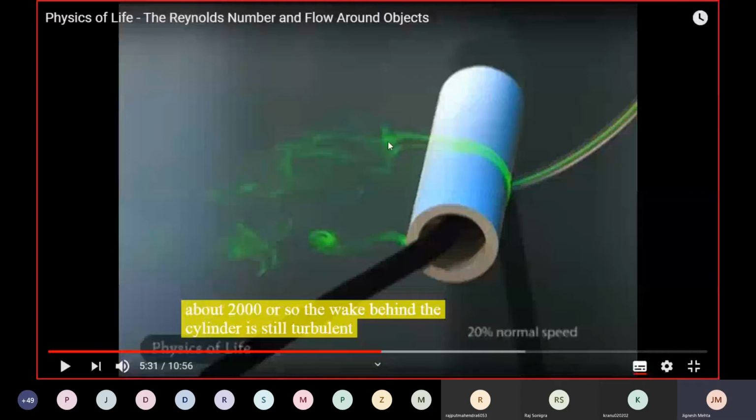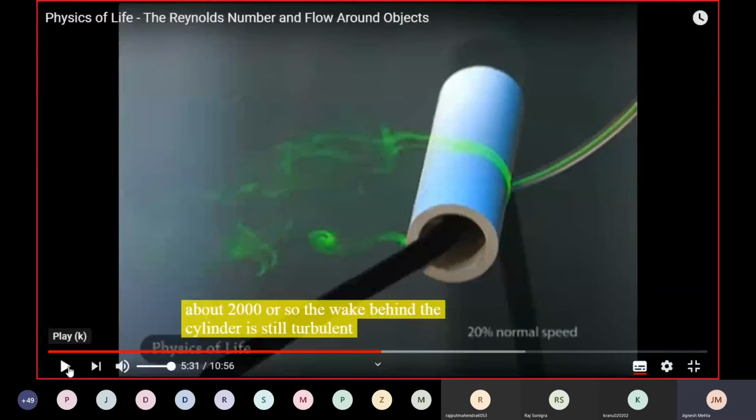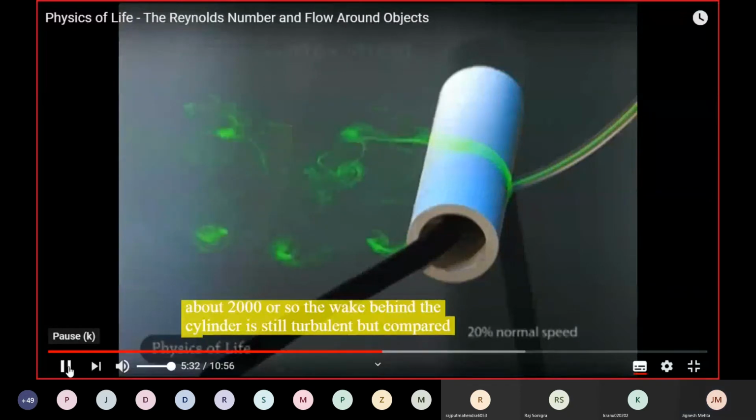Now the next vortex will be generated here, and then they will move forward and continue moving in a circular way. But then there is vortex shedding, meaning they cannot continue moving in the form of a vortex. Finally, it will disappear and merge with the main flow. So this phenomenon can be seen at lower values of Reynolds number.